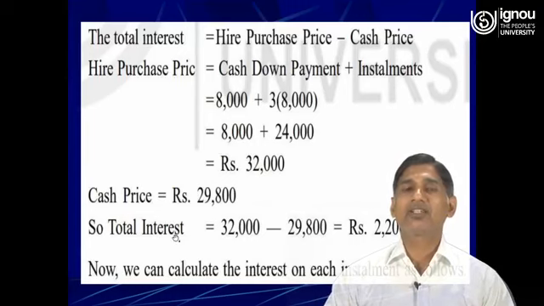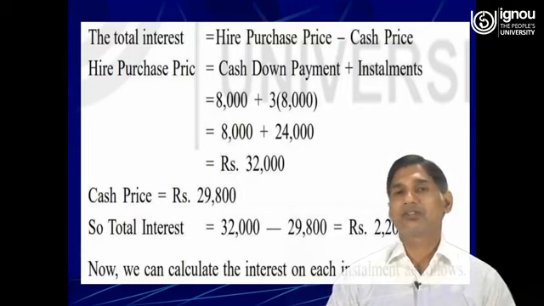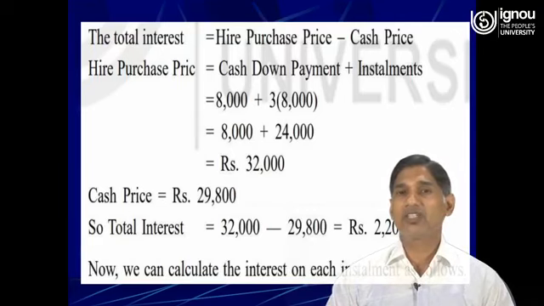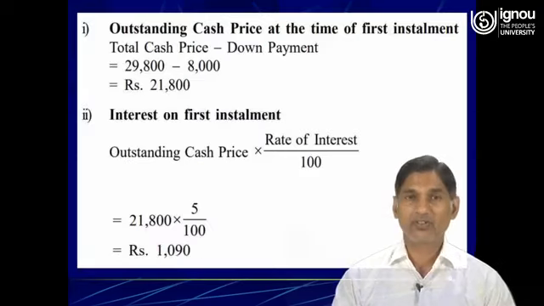If we subtract the cash price from the hire purchase price, the total amount of interest is 2,200. Now we can calculate the amount of interest included in each installment, as follows.